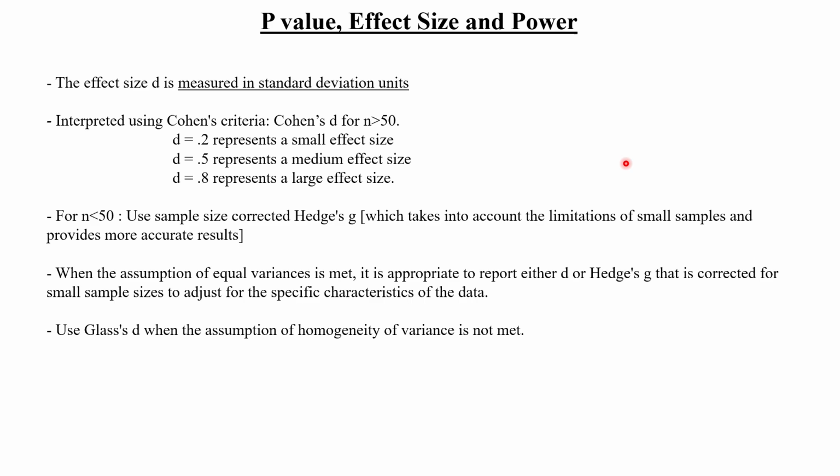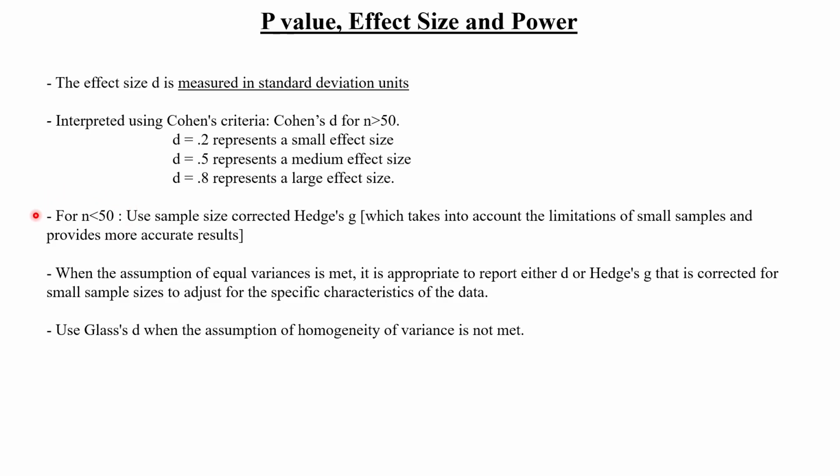Please correct me if I'm wrong. It is measured in standard deviation units. If the sample size is more than 50, then Cohen's d should be reported. Cohen's d of 0.2 represents a small effect size. Cohen's d of 0.5 represents a medium effect size, while 0.8 represents a large effect size.